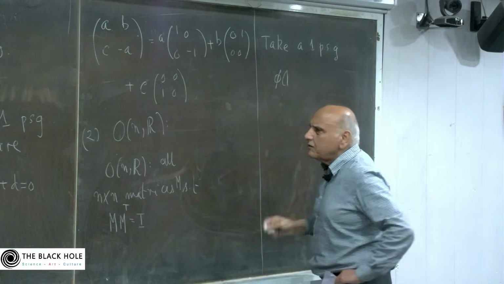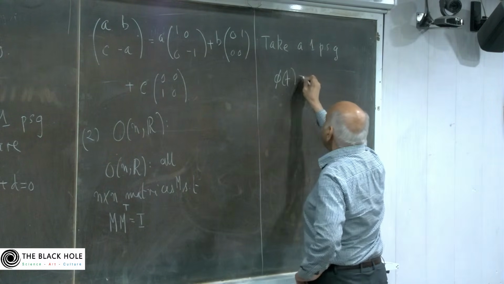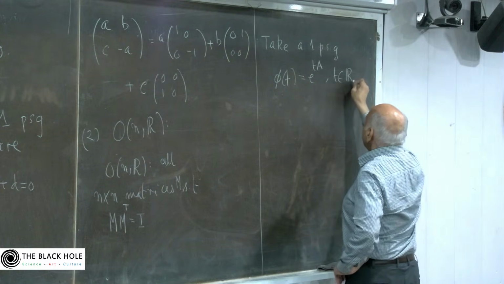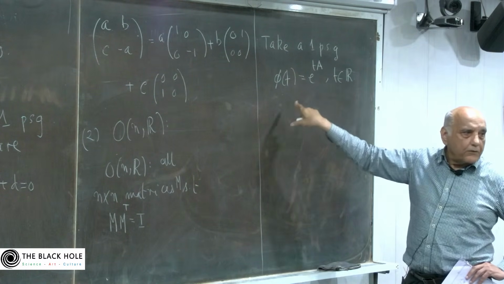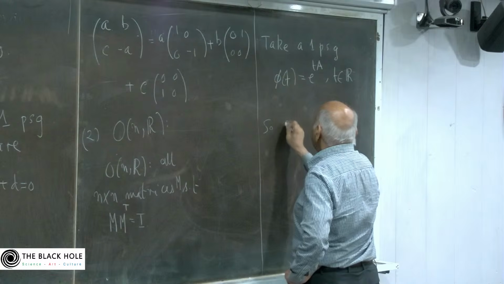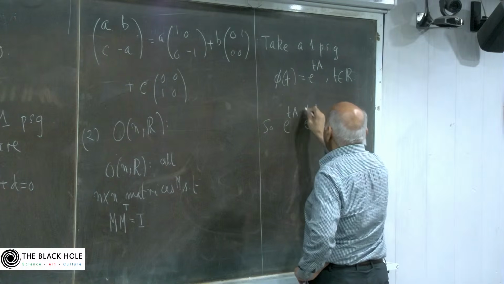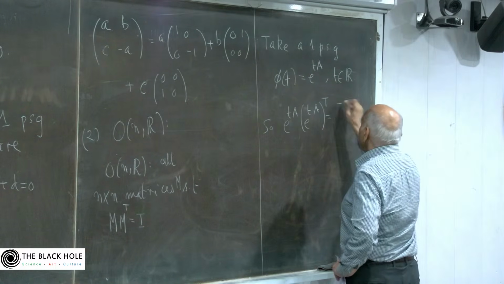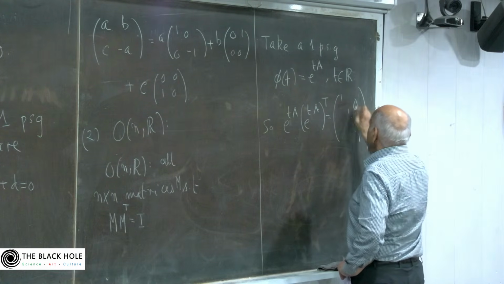So take a one parameter subgroup, phi t equals e to the power of tA. Okay. What is the condition? e to the power of tA times e to the power of tA transpose is the identity matrix, which has 1s on the diagonal and 0 everywhere else.